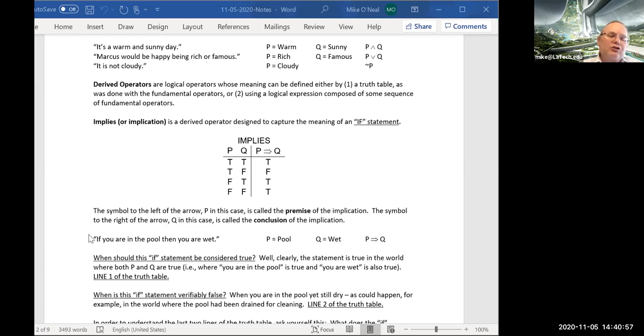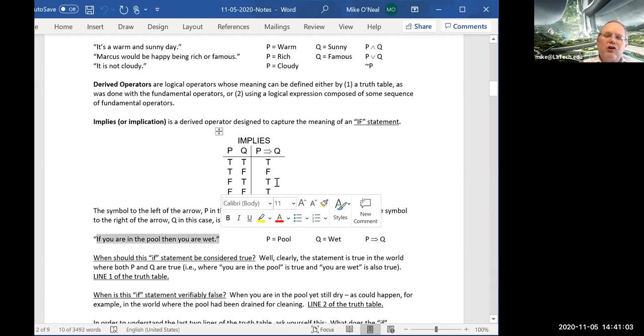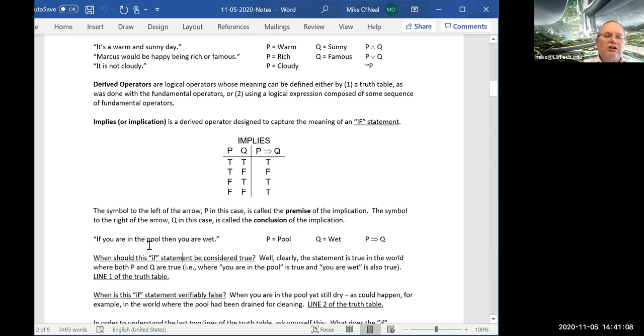Well, that would clearly be wrong because you're saying, well, I know this statement to be a lie, or I know this statement to be incorrect if you put a false here. But you don't know that. If I'm not in the pool, and you either being wet or not wet, either one of those is consistent with the statement being true. It doesn't make it a lie.